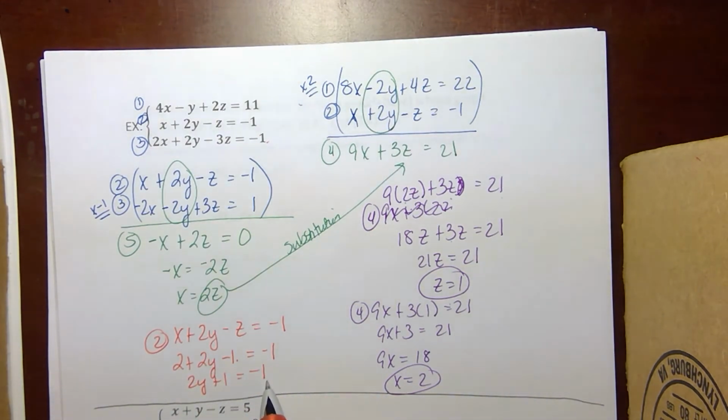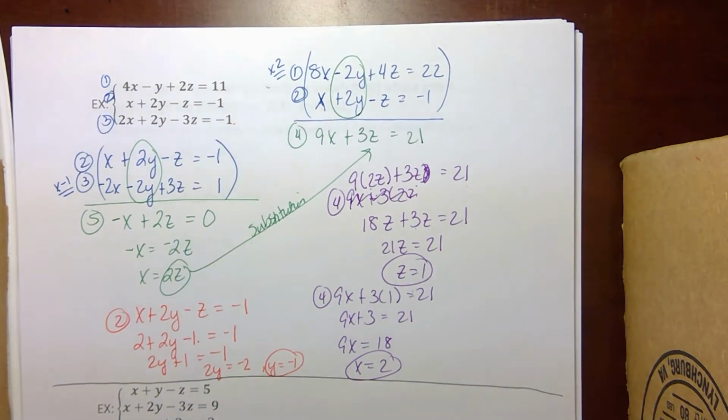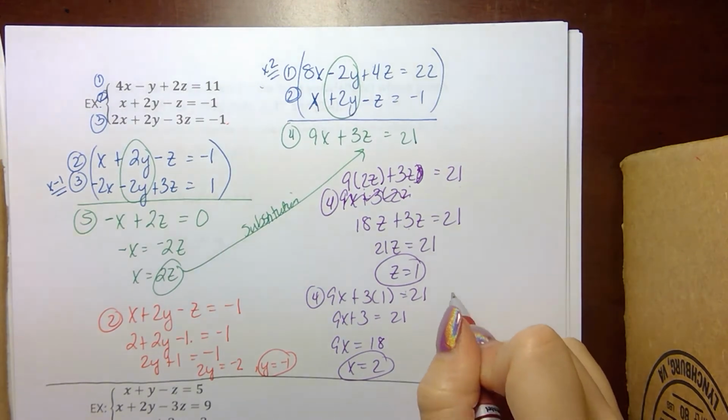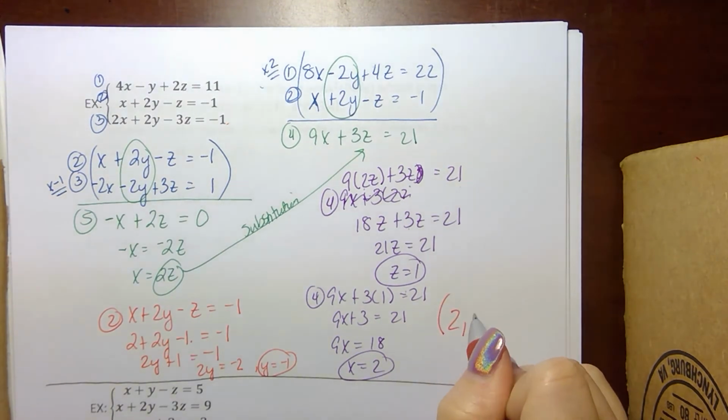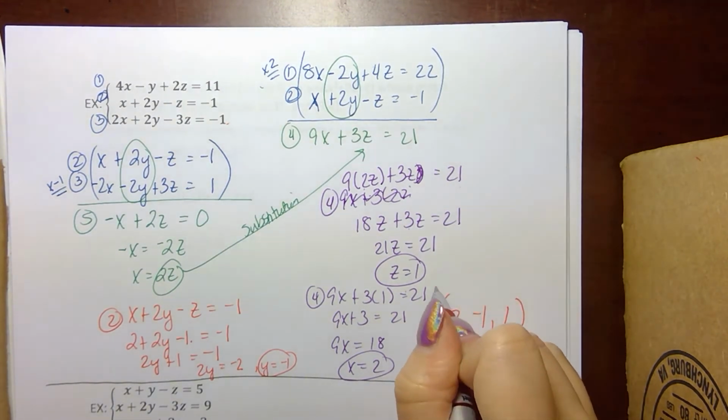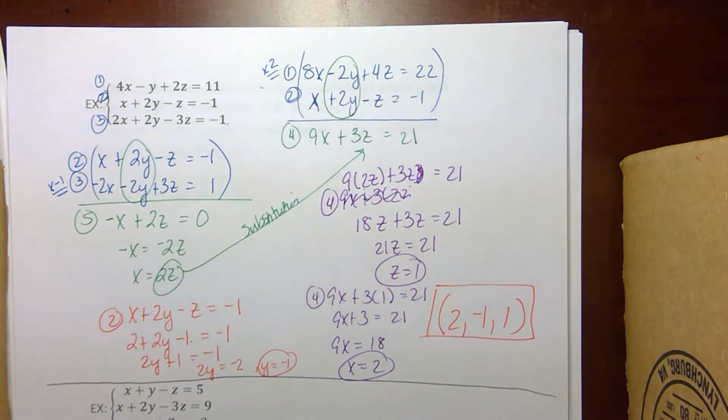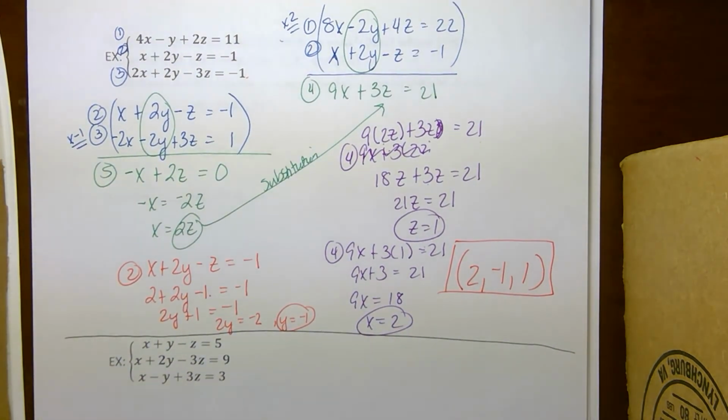I subtract that, and I get -2. So I have 2y equals -2, which means y is going to be -1 when I divide both sides by 2. Don't forget to write your solution set as an ordered triple: x, y, z. There's my solution for that 3-variable system.